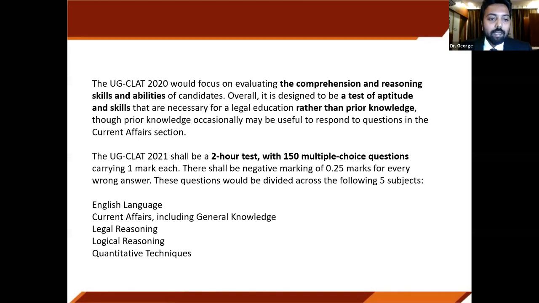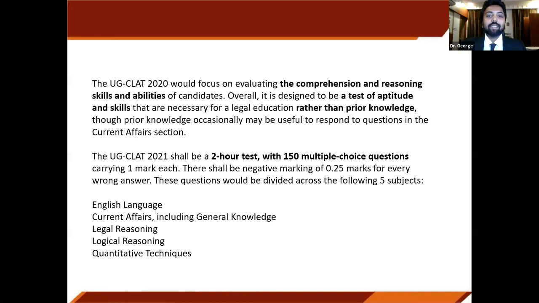Although the differences might seem incremental in some parts, it's also quite a step forward when you look at the other sections. So I want to give you a brief outline of what has changed from 2019 to 2020, which is going to be carried on to your 2021 CLAT exam as well, the one that all of you aspirants are going to be taking.